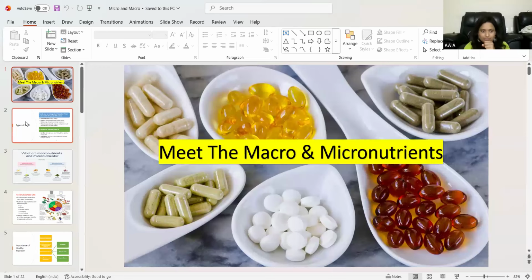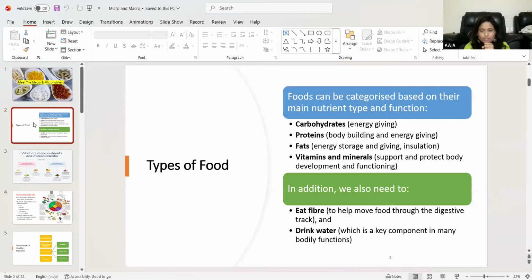Okay. So today I will explain about macro and micronutrients. So what is a macronutrient? This is the basics of nutrition. Before learning about doshas, it is better to know about macro and micronutrients and the importance of these nutrients for our body's function.